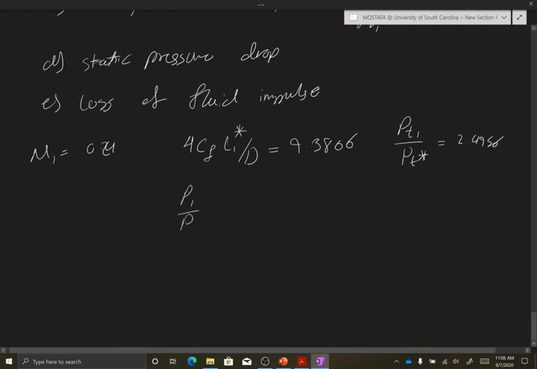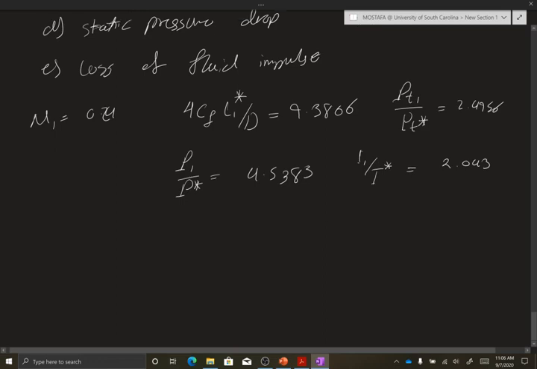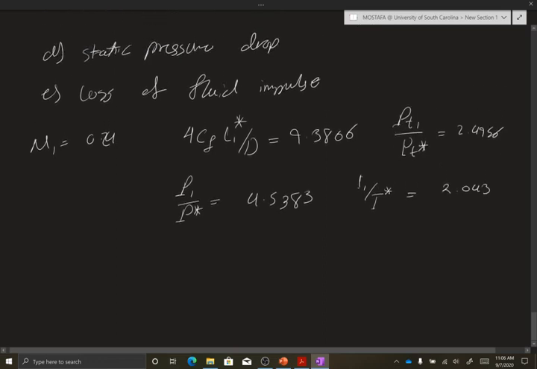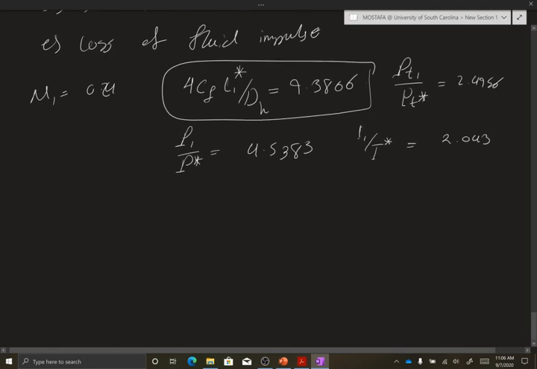Static pressure ratio is 4.383, and the impulse ratio I star is 2.043.